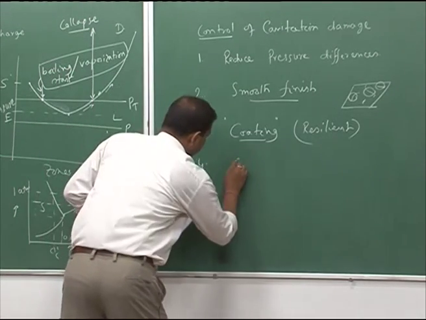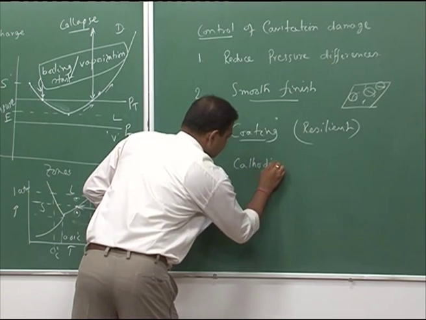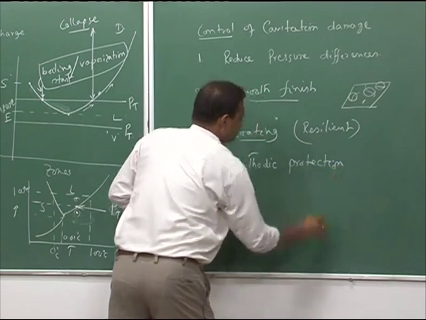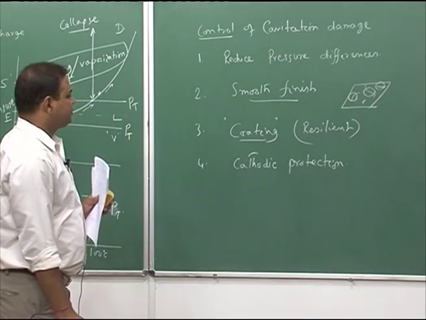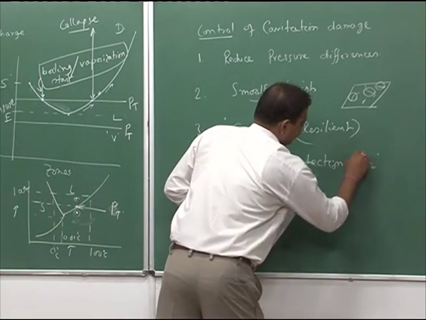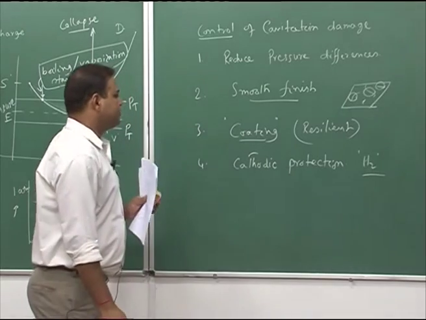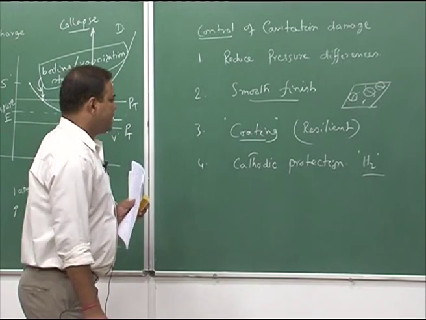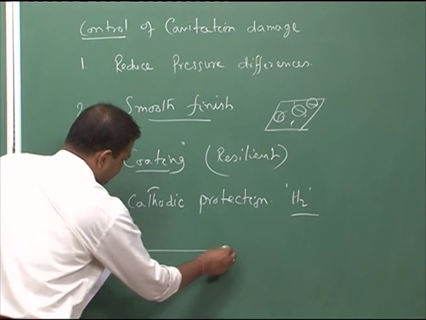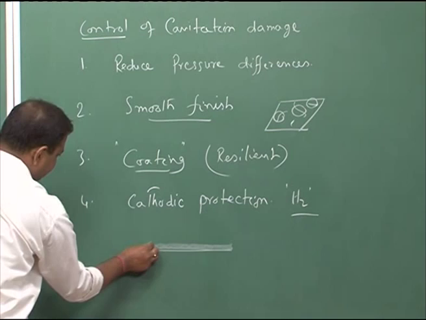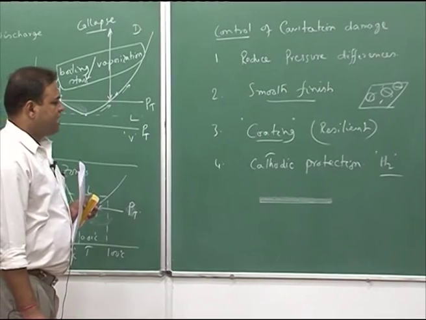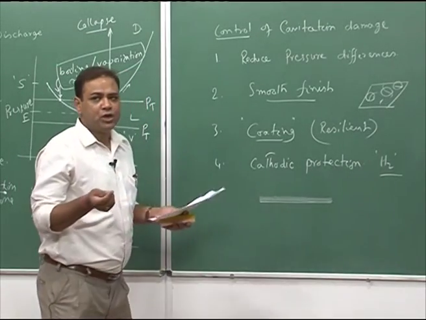We can also go for cathodic protection. Now, during cathodic protection, in case of a water system, sometimes we can generate H2 as the cathodic reaction product, and that H2, let us say this is the metal surface, can form a thin gas layer on the metal surface, and that gas layer can act as a cushion.